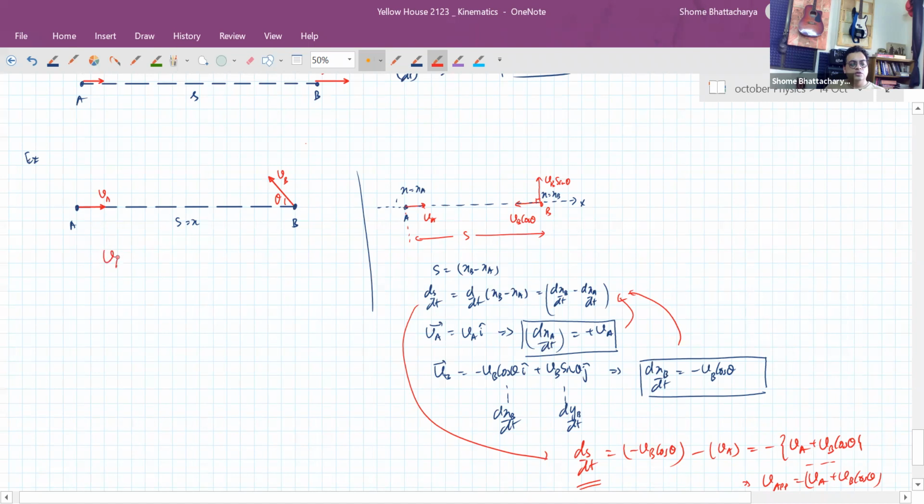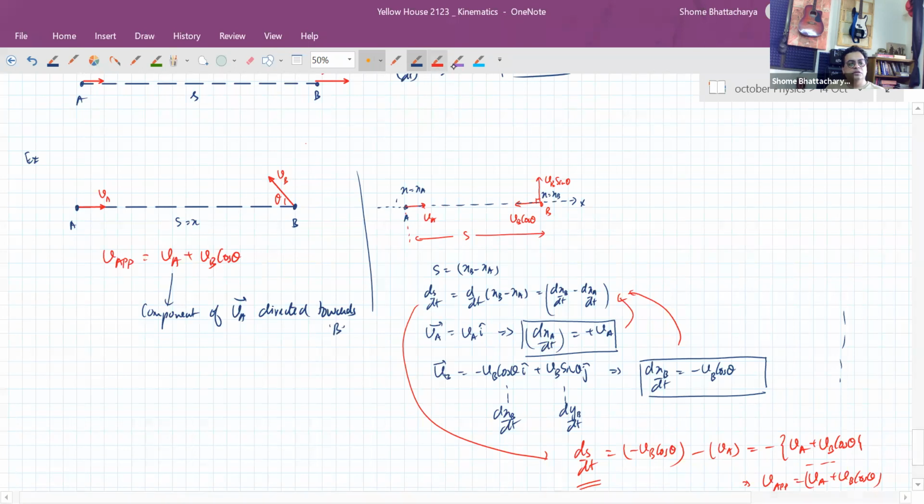So the approach velocity, in this case VA plus VB cos theta, though I proved this using this calculus sort of method here, you can understand it is very simple. This is the component of A's velocity directed towards B at that moment.